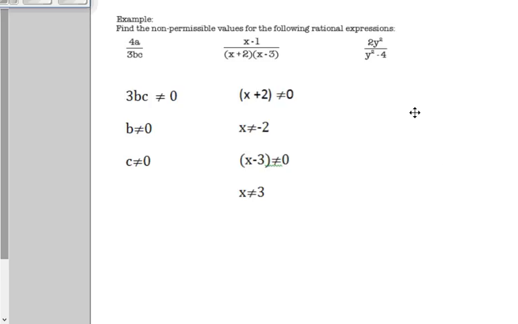For this last question, in the denominator we have y squared minus 4. What you should notice is that this is actually a difference of squares. That's prerequisite knowledge. When you see a perfect square, which is y squared, subtract another perfect square, that's a difference of squares.